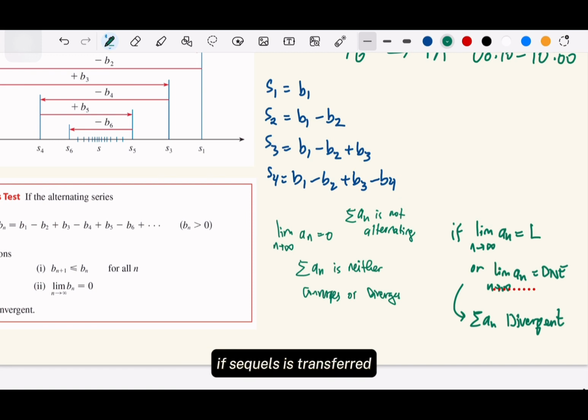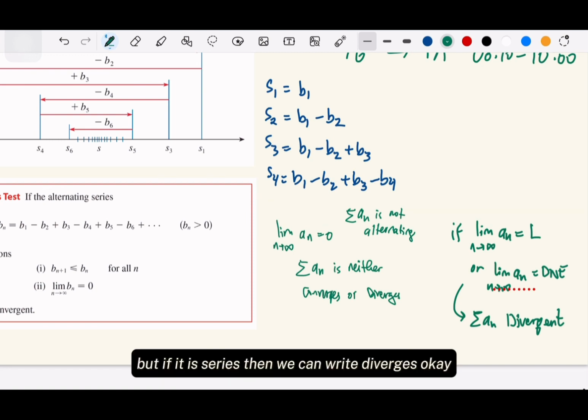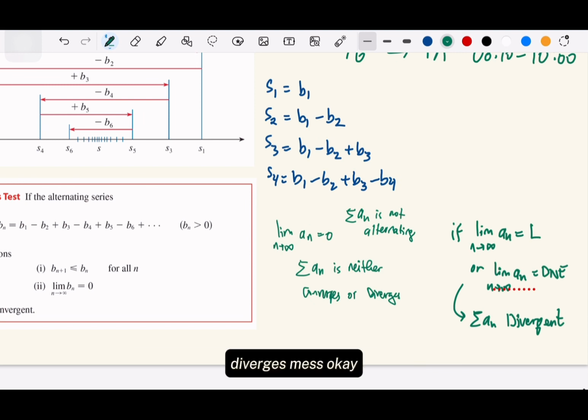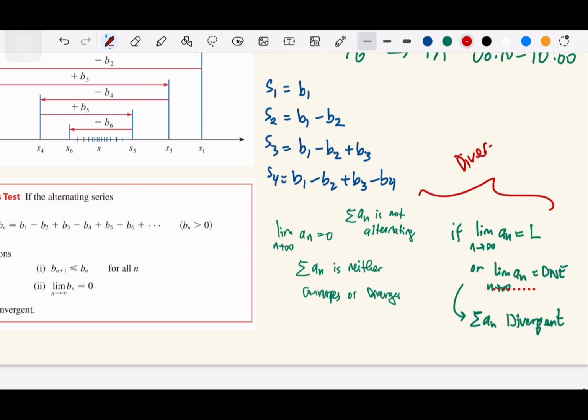If the sequence is convergent, but it is a series, then we can write divergent. That's what we call the divergence test.